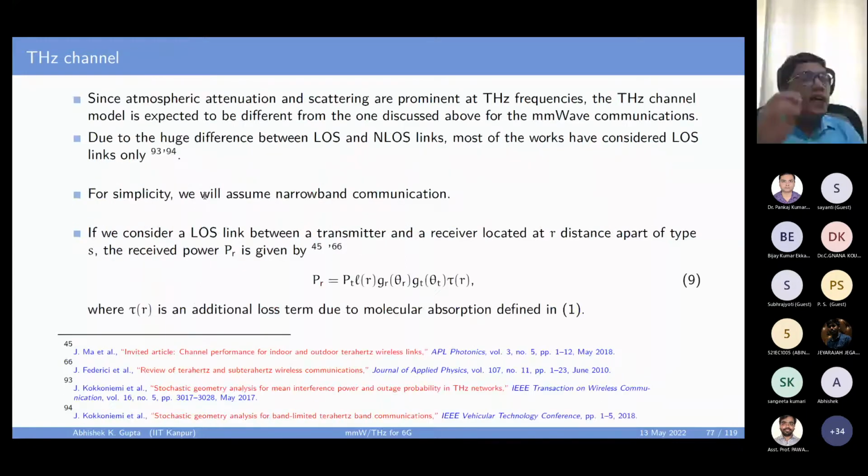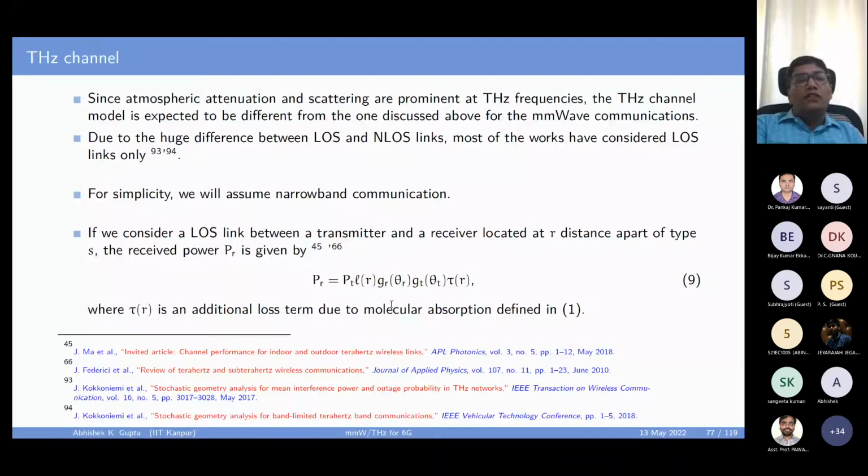Now in the terahertz channel, you also have to include atmospheric attenuation and scattering. The received power is again given by a similar equation. The only thing you can see is that there is an additional factor, tau(r). This is due to additional loss from molecular absorption, and we have already given its equation in terms of r and frequency.